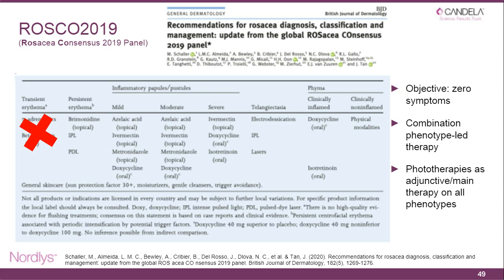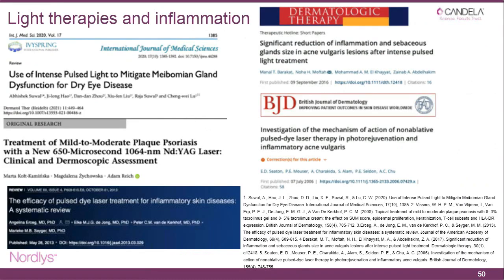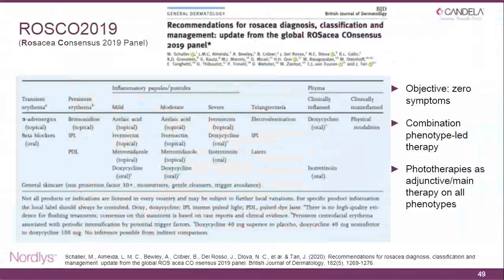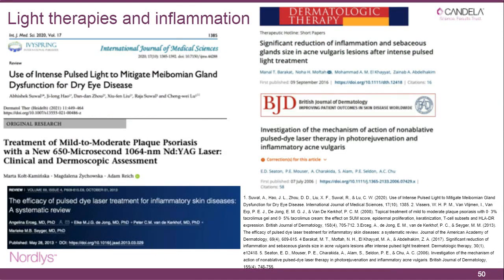And we can use the phototherapies to cover the erythema, the inflammatory part, the telangiectasia, and the phymatous part. Although it is not present in the table, for the laser and light therapies on the inflammation part, we already have plenty of data and evidence regarding the use of light therapies on the control of inflammation, mainly on the IL-17 pathway and also on the IL-1 beta pathway.